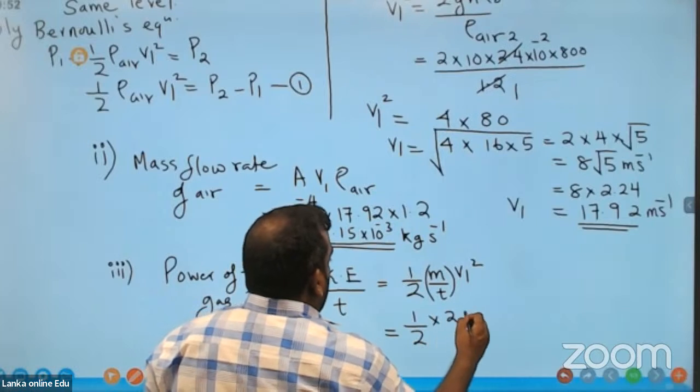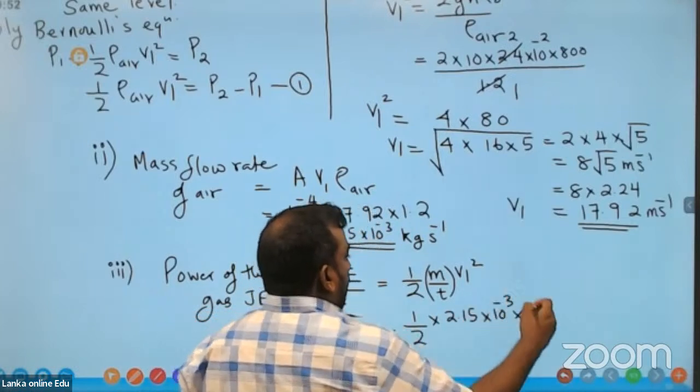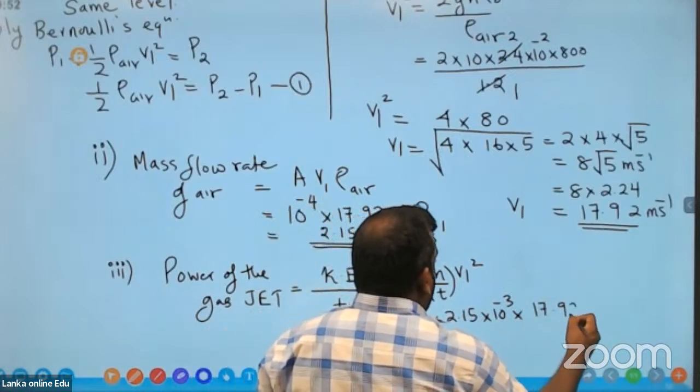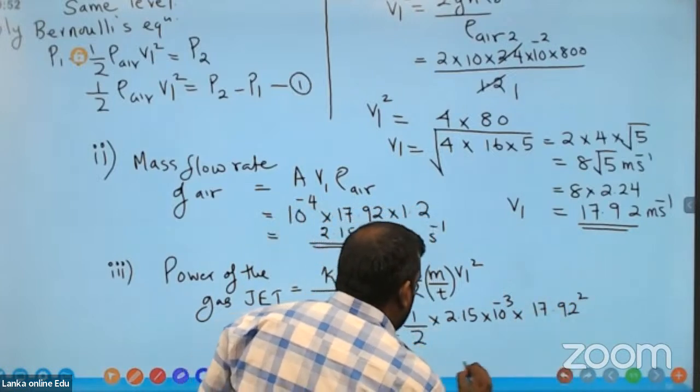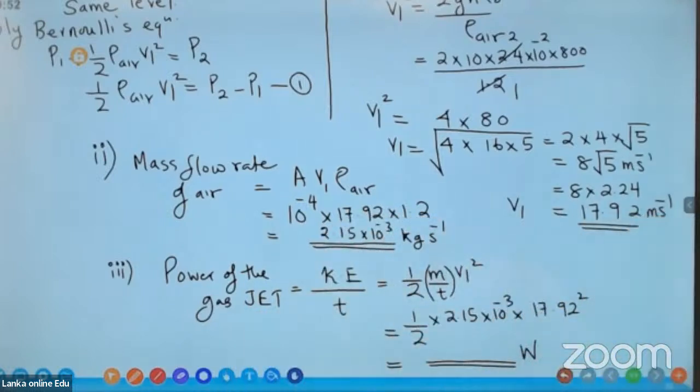Half times 2.15 times 10 to the power minus 3, times velocity of the air stream 17.92 squared. You will get the power in terms of what? So you can simplify this quickly. Here you go.